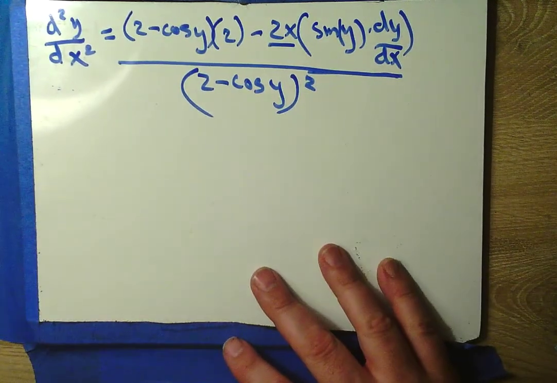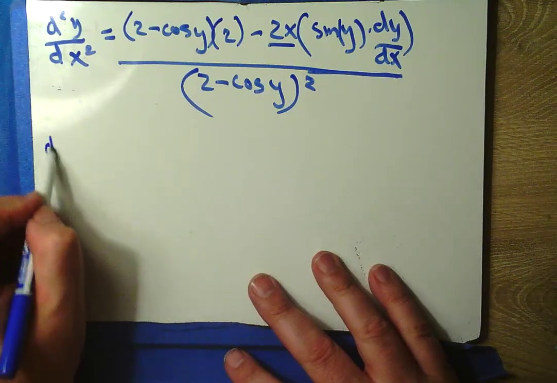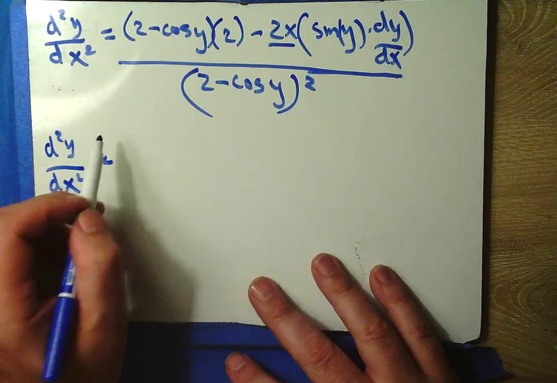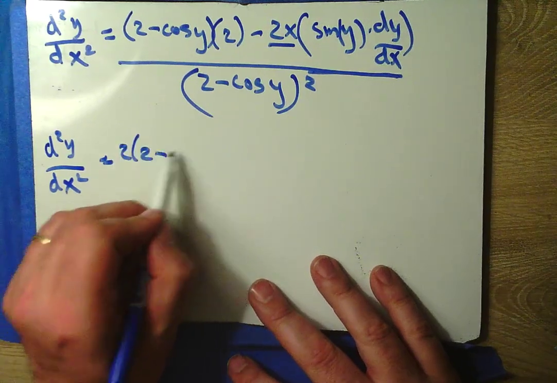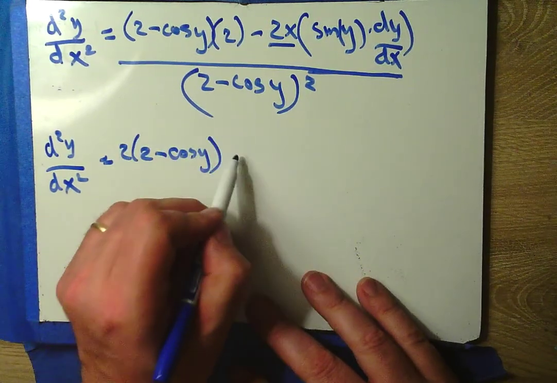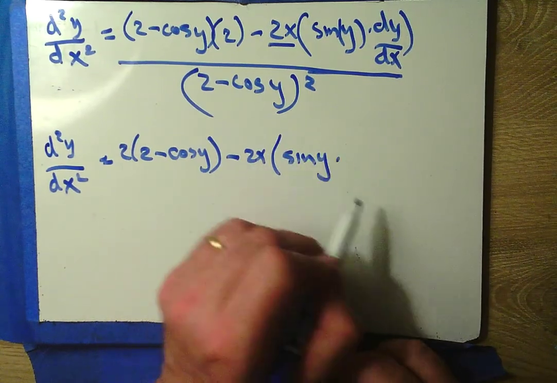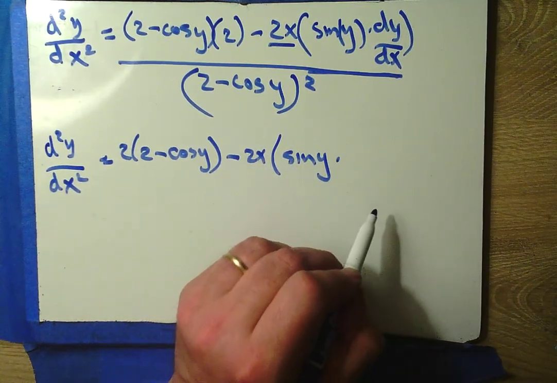Okay, so the second derivative then will be 2 minus cosine y minus 2x sine y times, what was our first derivative?